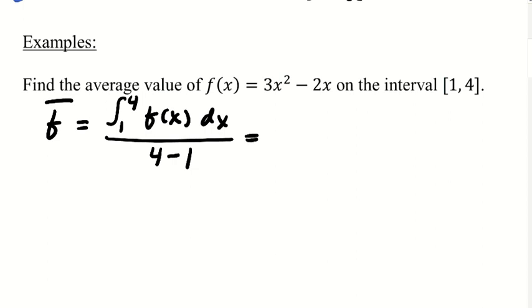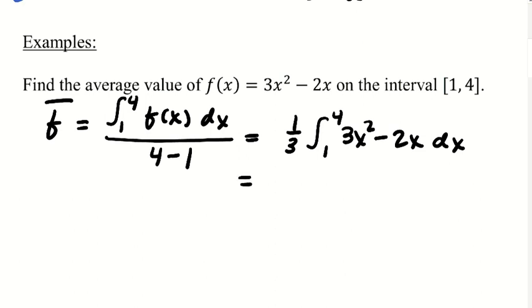And that's going to be 1/3 of the integral from 1 to 4 of 3x squared minus 2x dx. Now that we know how to take these integrals, I'm going to find an antiderivative. An antiderivative for 3x squared is going to be x to the third. An antiderivative for negative 2x is going to be negative x squared. And I'm going to plug in 1 and 4 and evaluate this.